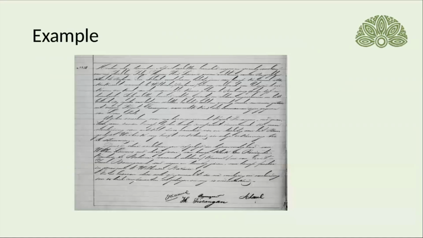But then if you find it, this is the result of this process. This is the birth record of this person, Louis Fritz Schaal, from 1878. And you see beautiful handwriting.